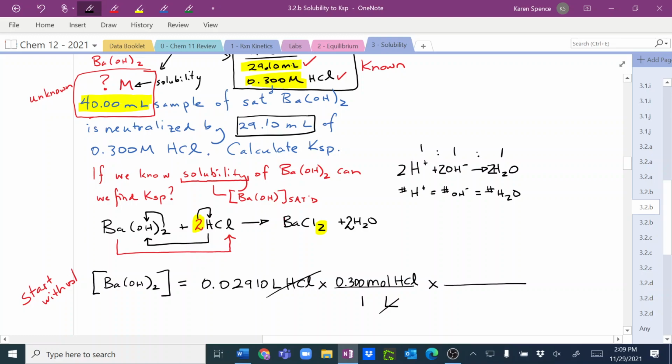But I don't want moles of hydrochloric acid, I want moles of BaOH2. Because that's where I'm trying to get to, yes? BaOH2, and we need to cancel moles of HCl.